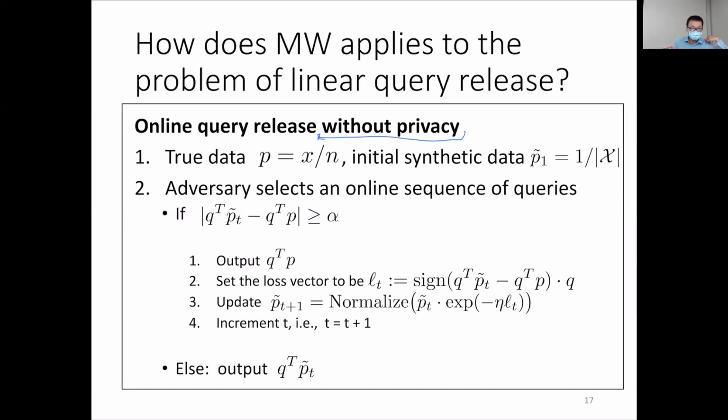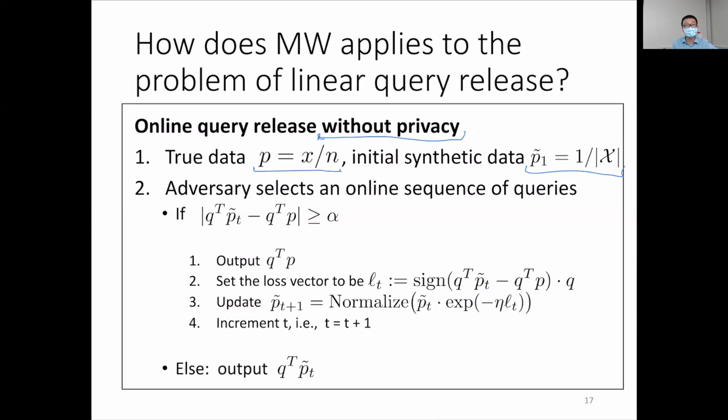Let's now switch gears a little bit and consider the normalized linear query, right? So when we consider the normalized linear query, the true data, let's define this to be P. This is our comparator, and for the initial synthetic data, recall that the multiplicative weight chooses it to be uniform and then normalized. Let's choose it to be 1 over the cardinality of the data space.